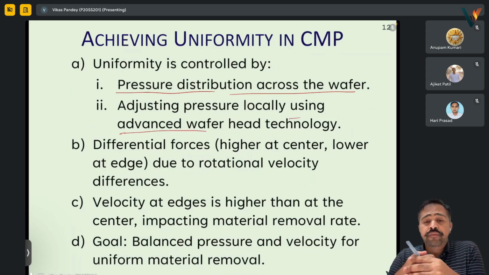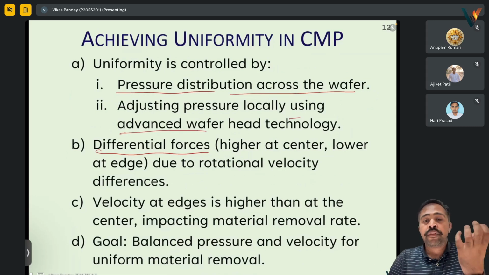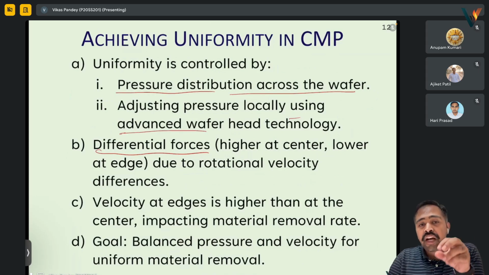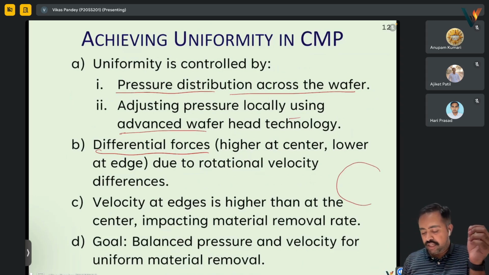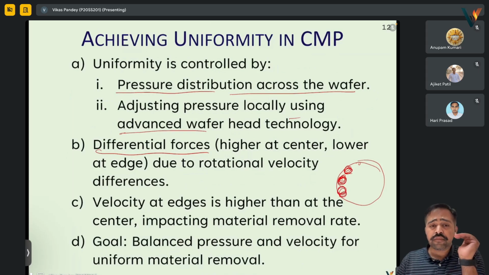We also have to take care to apply differential force, because at the center we have to put higher force, and at the edges of the wafer, when we are doing the CMP, we have to apply lower force.